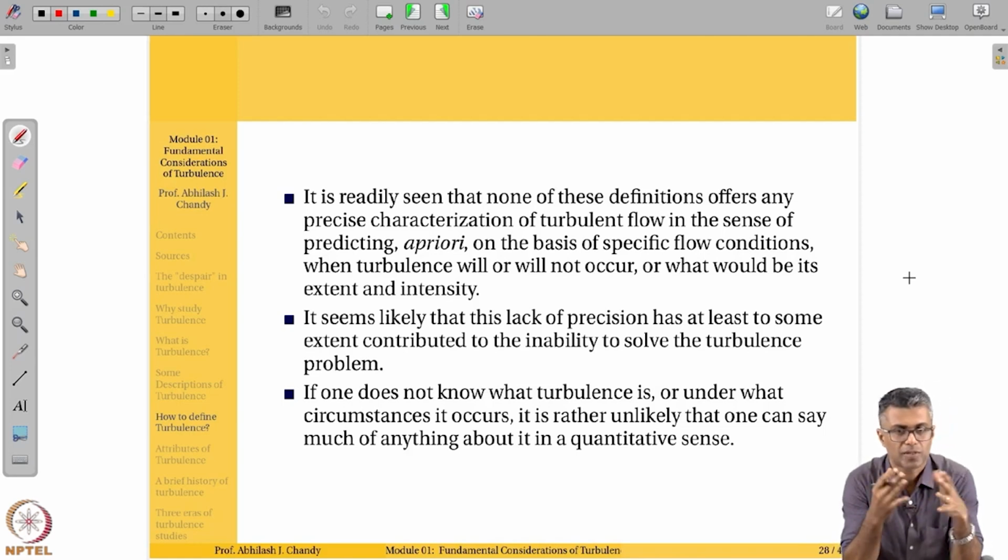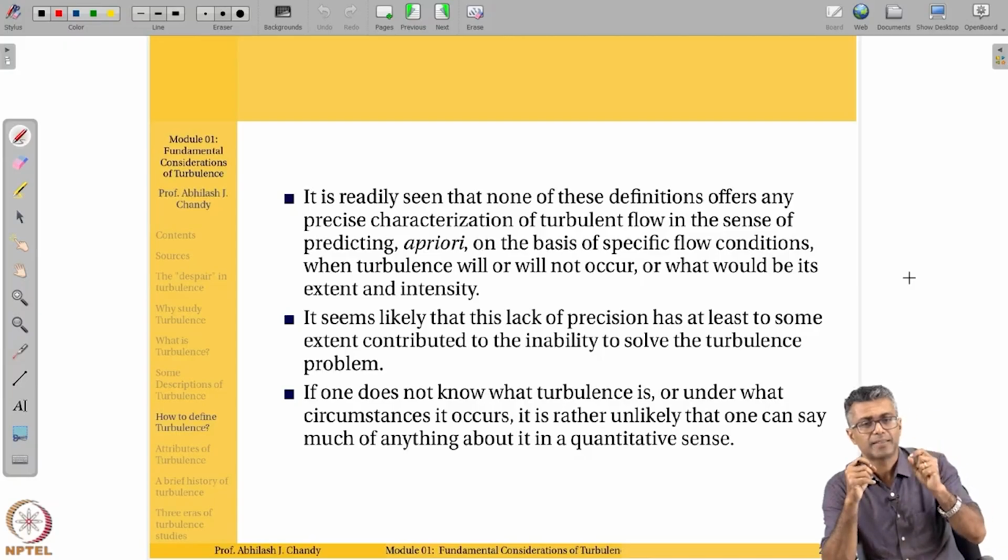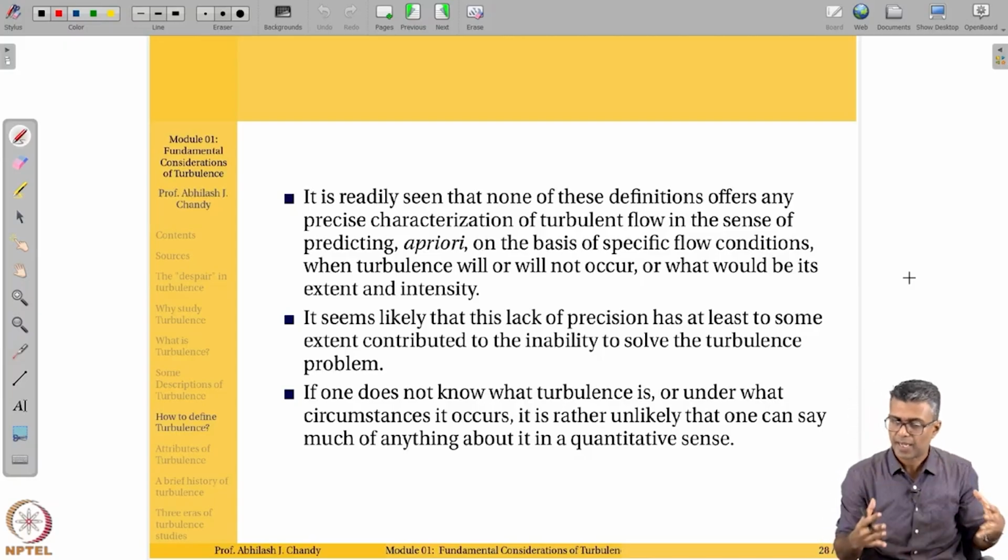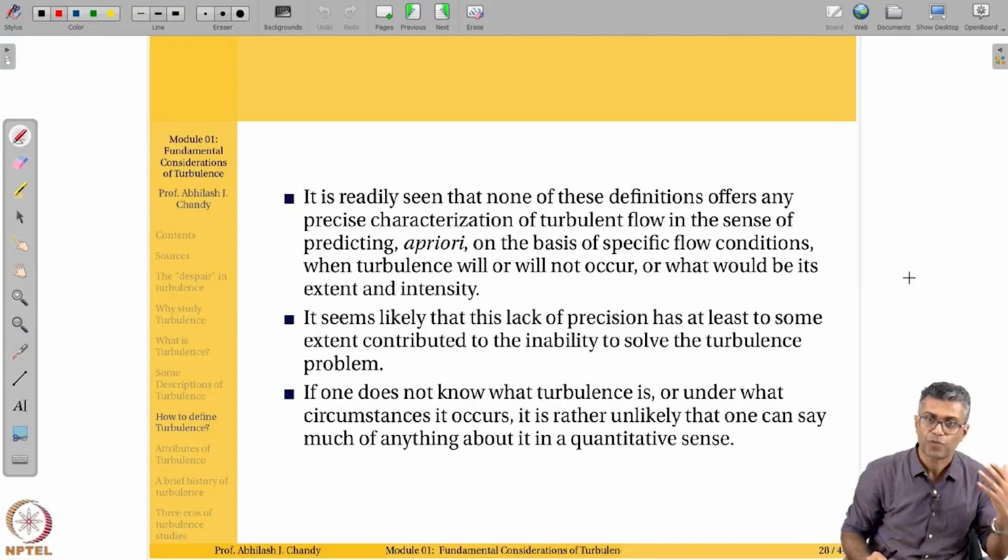So I only showed three here, but you will see one of the problems with all those definitions is that it does not offer any precise characterization, like we have definitions for other phenomena.